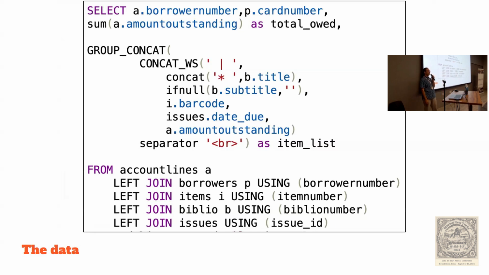I took all the stuff I wanted to know about each individual item and concatenated it into one string. This is all that item information. And then I group concatenated all of that for the patron. So each patron line contains that sub list of all the items.